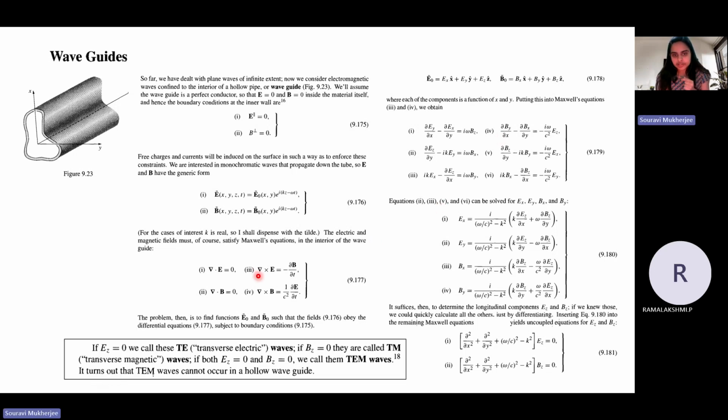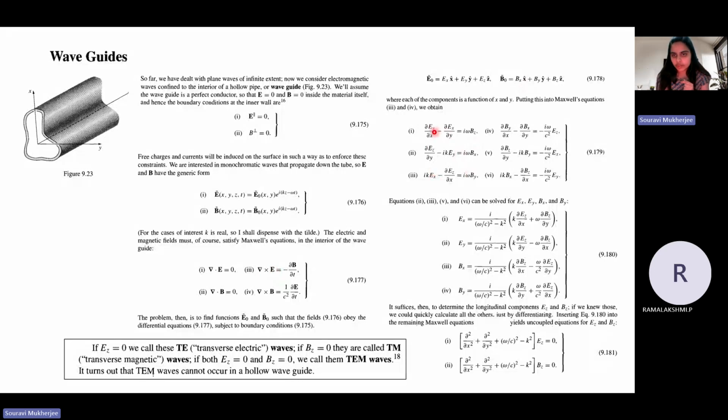So what we can do is, if we start with Maxwell's equations, okay, and then we try to explicitly write the equations in terms of the different components, Ex, Ey, Ez and Bx, By, Bz, this is what we will be getting, right?